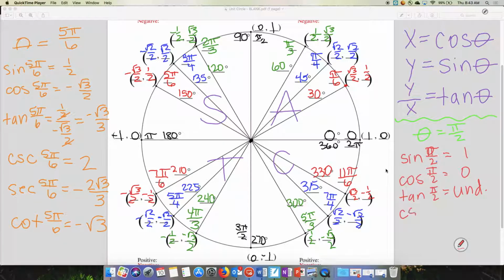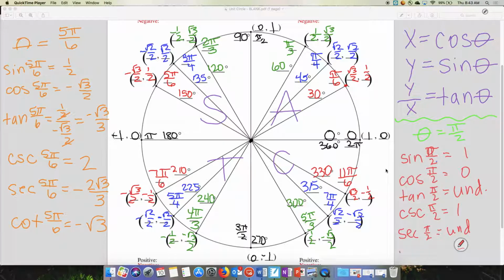Okay? What about the cosecant? The reciprocal of sine, so 1. The secant. Okay, the reciprocal of 0, reciprocal means 1 over. What's the reciprocal of 0? 1 over 0, undefined.